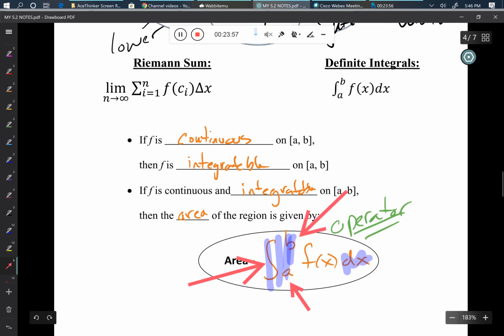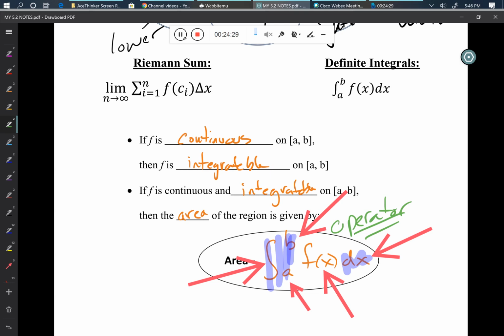It has an upper limit for where to stop. It has a function to tell you what to find the area under, and this dx just tells you what your variable is for your change along the x-axis. So we're working with an independent variable of x. It's just the pieces and parts that tell you what to do. It's an operator, no different than a multiplication symbol or a division symbol. They tell you what to do to perform the calculation. This tells us to find the area.